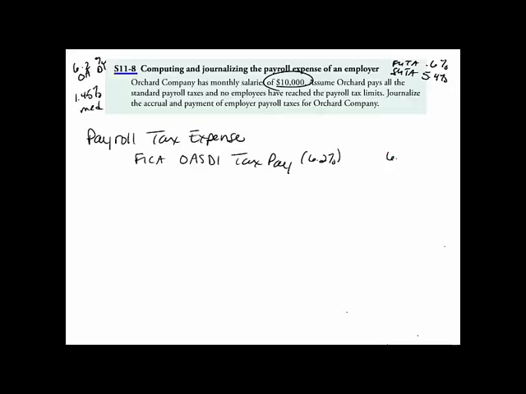So that's $620 that I owe for that. If I had already done the employee side, I should see the same amount there. So then I'll have FICA Medicare tax payable, which will be the 1.45%. So that's $145.